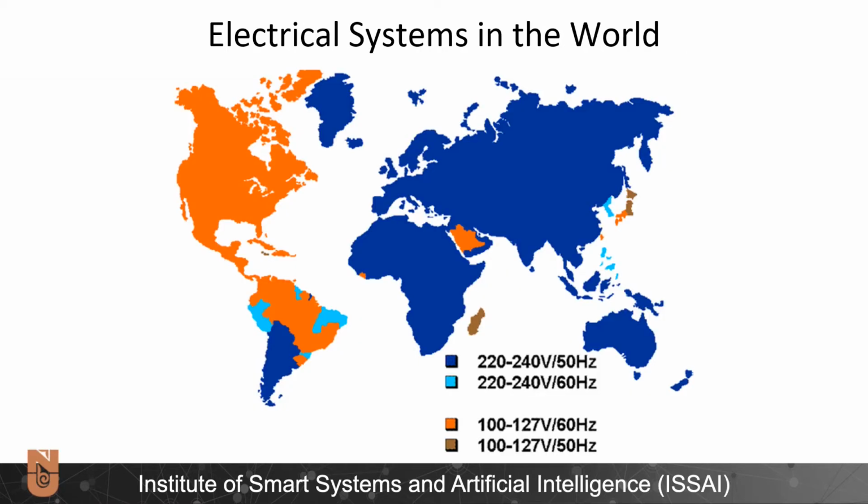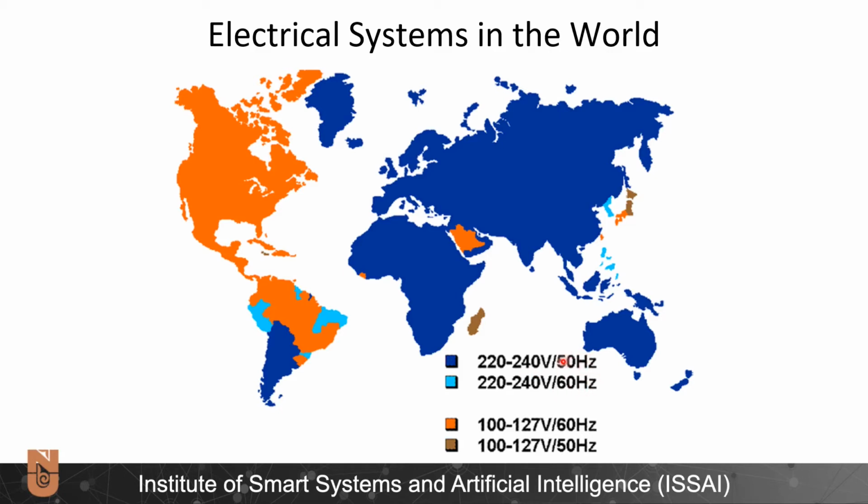With respect to secondary customers, basically the electricity which we can get from the wall, we have two fundamental electrical systems around the world. One of them is the 110 volts, which is actually covering the range from 100 volts to 127 volts. And the other one is 220 volts, which actually covers the range from 220 volts to 240 volts.